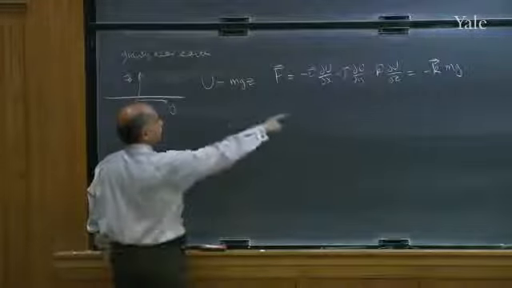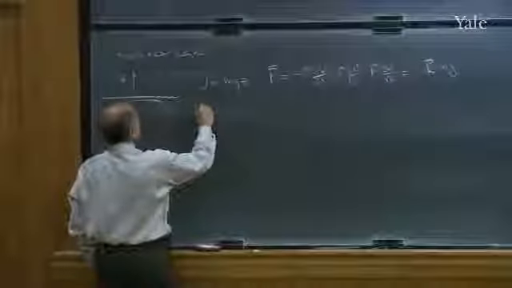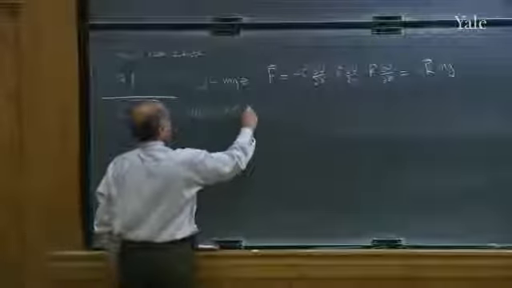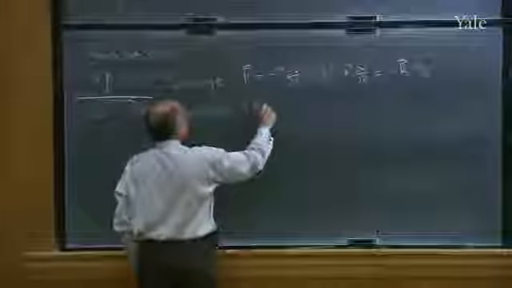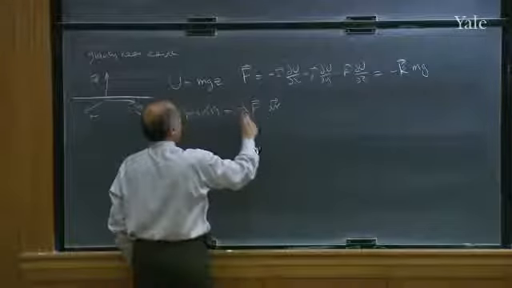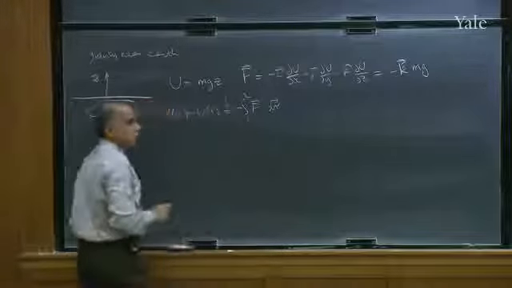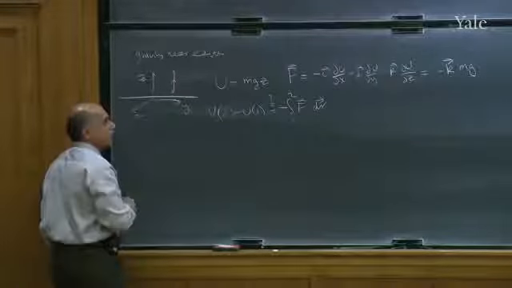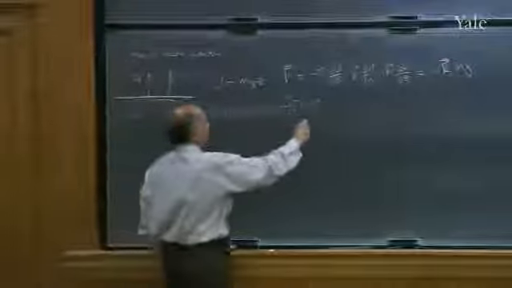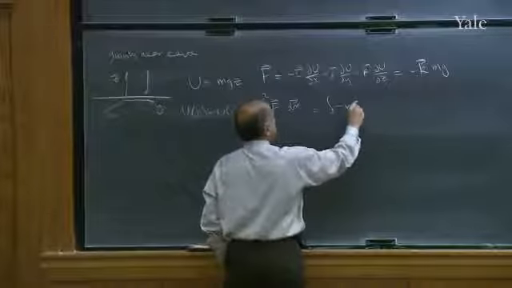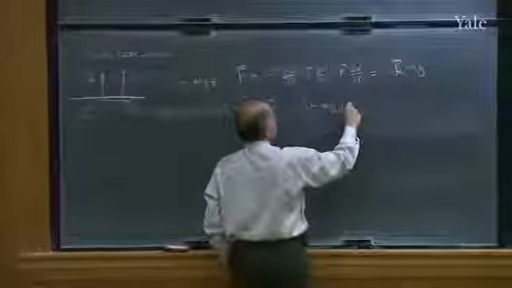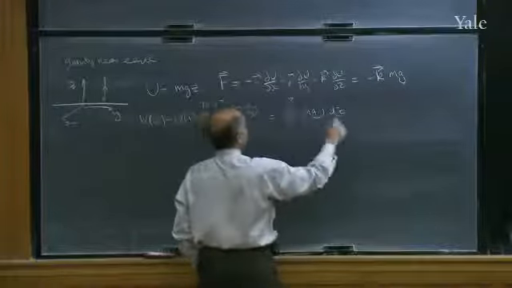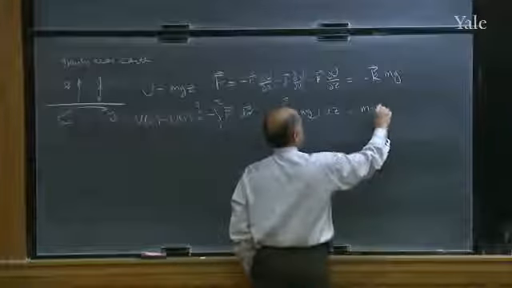So the force is the gradient of the potential, and you can ask, is the potential difference between 2 points, u2 minus u1, equal to the integral of f dot dr from 1 to 2? You can easily check that if you go from here to here straight up, then the integral of minus mg times dz from start to finish with a minus sign is just mgz minus 0.